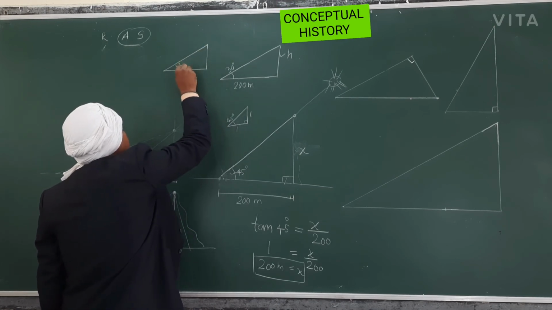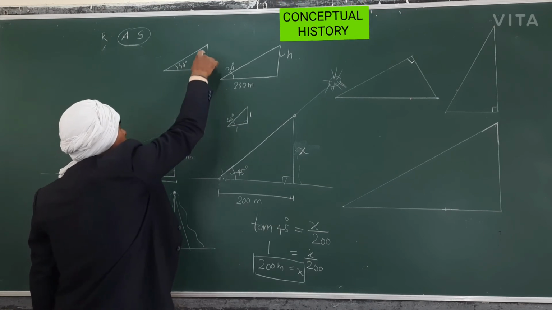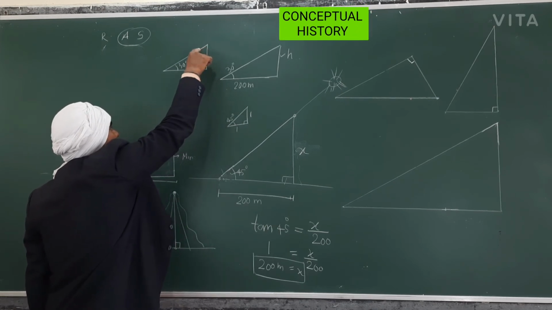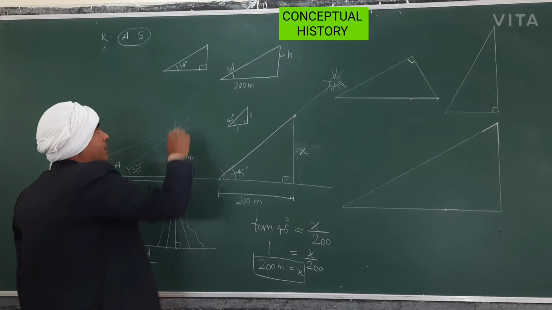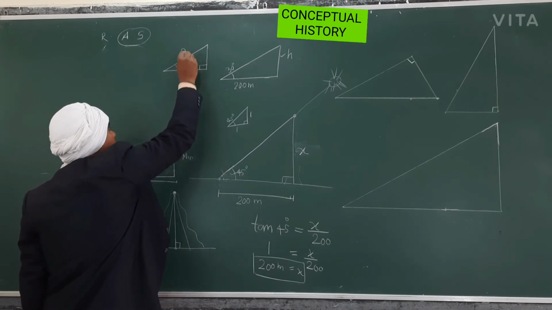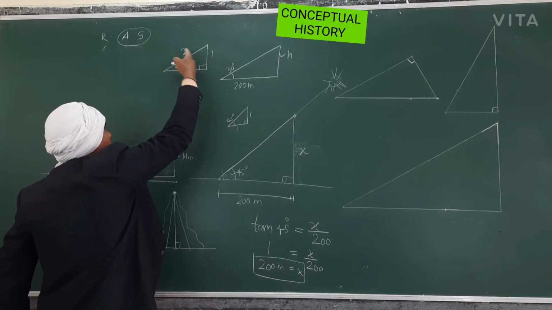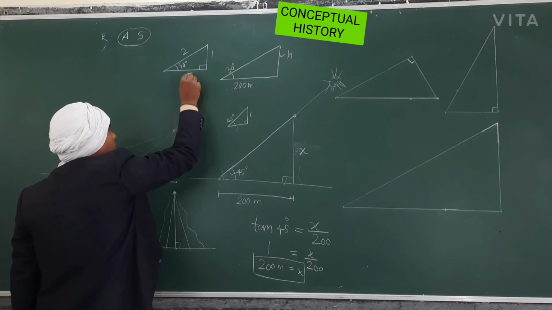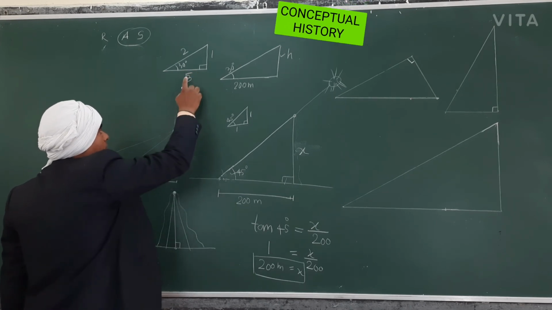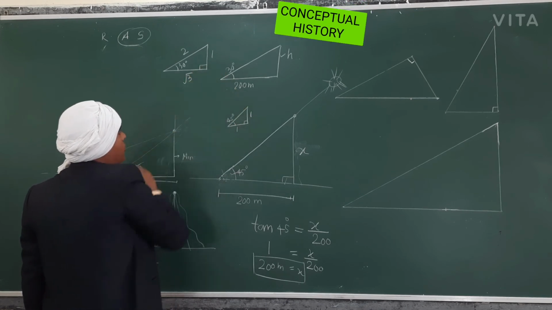This is 30 degree, this is 90 degree, and obviously this will be 1. So I have told in chapter number 8, the 90 degree is highest, so highest is 2. 30 degree is lowest, so lowest is 1. And this 1, 2, and this will be root 3. So if root 3 is 200, then 1 is equal to what?